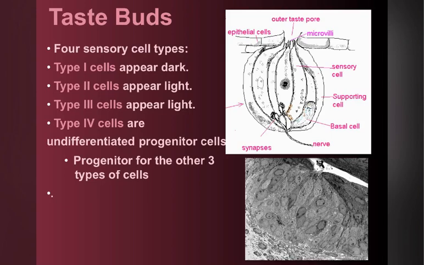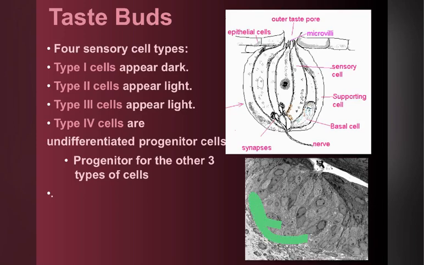Type 1 cells appear dark in electron microscopy images. Type 2 and type 3 taste cells appear light. Type 4 are the undifferentiated progenitor cells, and they are progenitors for the other 3 types of cells.